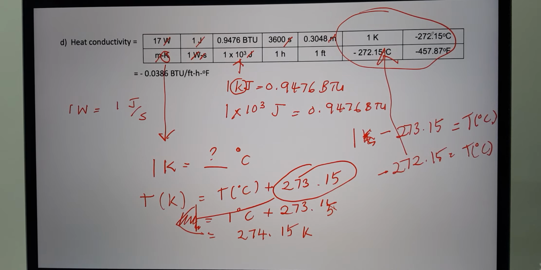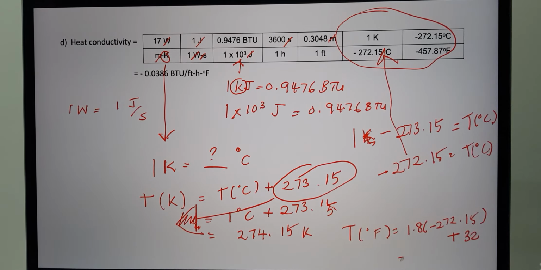And then from this value, negative 272.15 degrees Celsius, you need to convert to degree Fahrenheit. You do that by applying the equation that has been given to you: T degree Fahrenheit equals 1.8 times the degree Celsius, which is negative 272.15, plus 32.